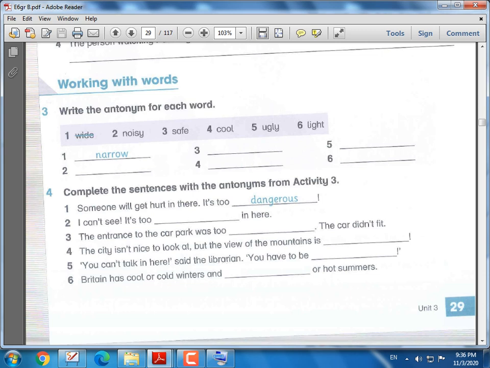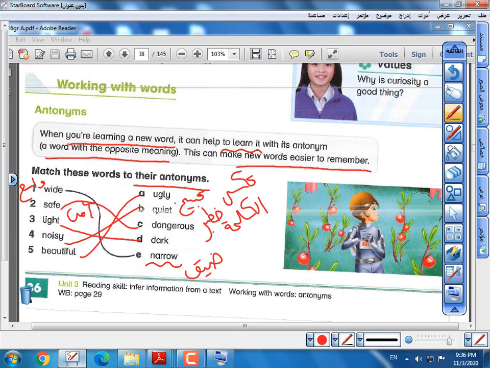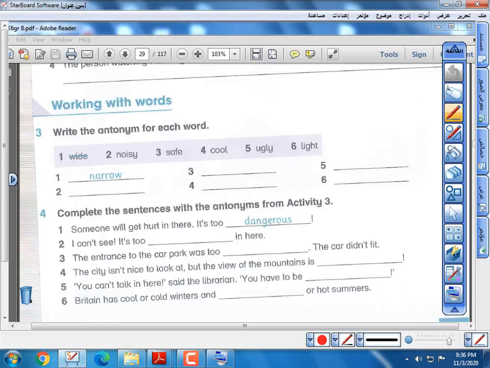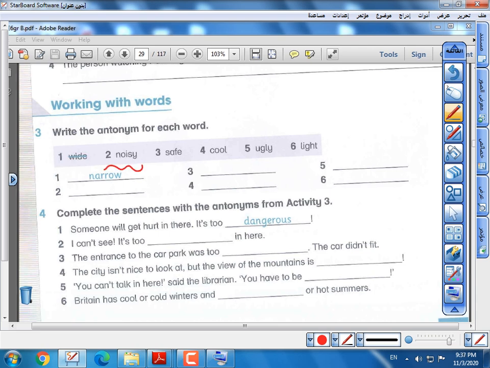The same idea عم تتكرر معنا لكن عشان إنه ركز الفكرة أكثر يا مس مش مشكلة نضلنا نحل أسئلة على نفس الفكرة. Okay, so the first one is wide, as you see, and the antonym for this word is narrow. Noisy, حكينا مزعج.